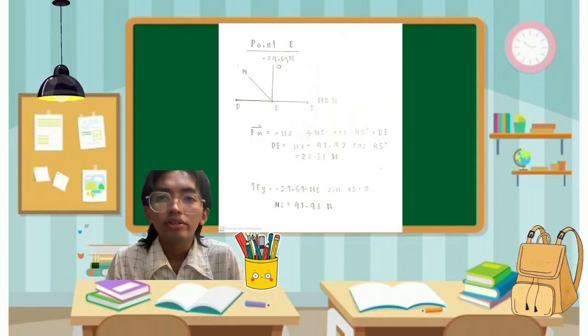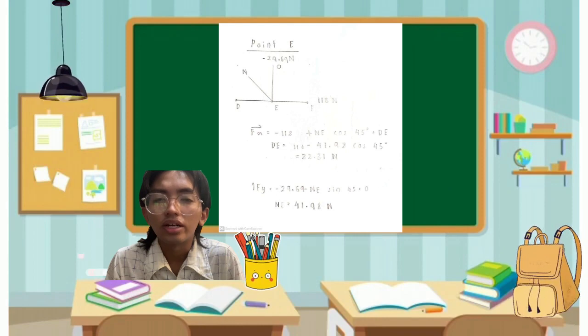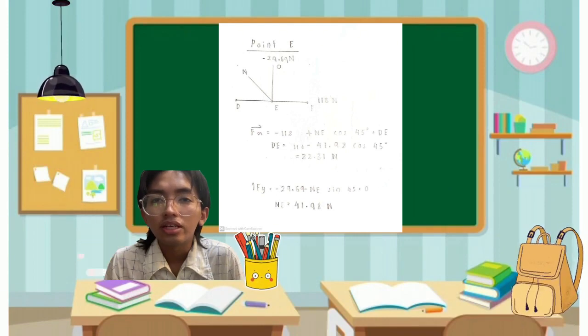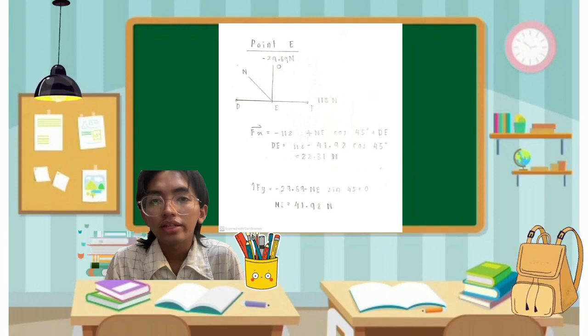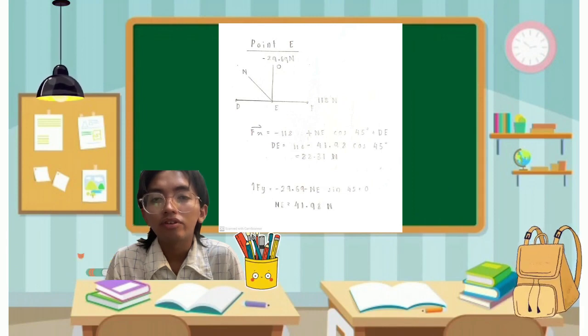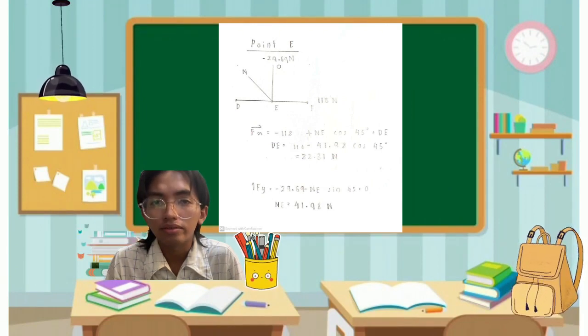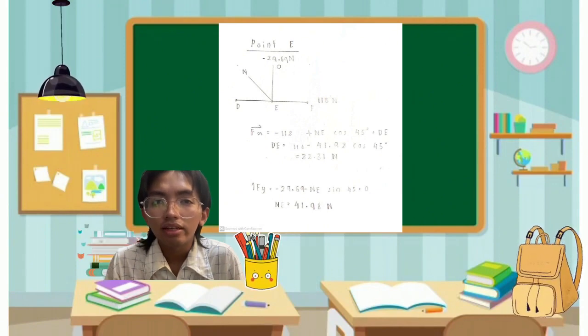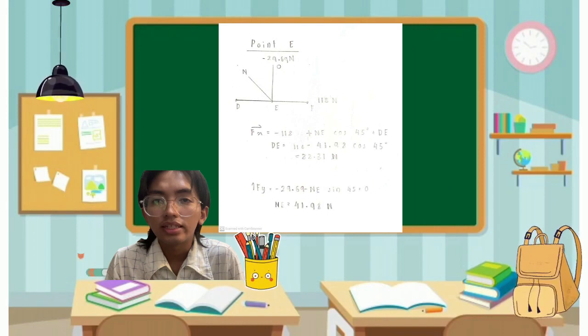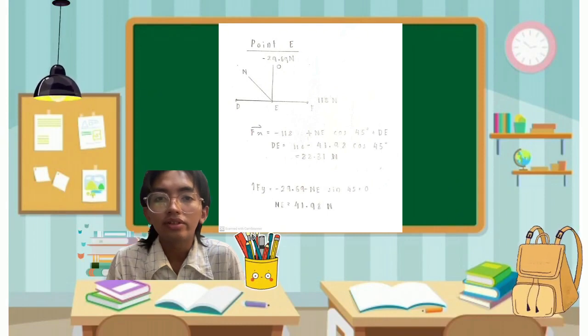Following this, we utilize the value NO at 118 Newton and OE at negative 29.69 Newton to determine the force DE at 88.31 Newton and NE at 41.98 Newton. This calculation was executed employing the equilibrium of force, designating point E as the reference point.